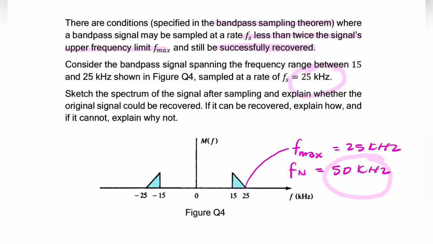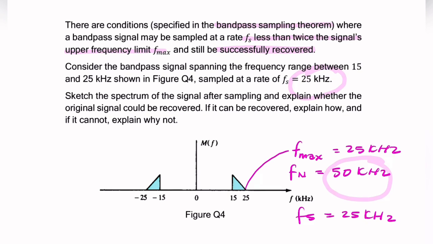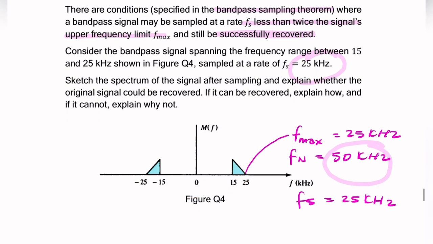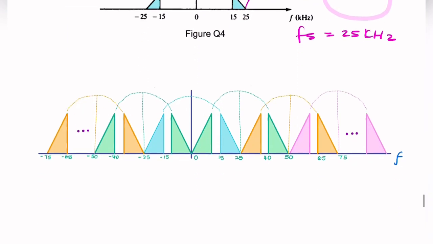Okay, so the sampling rate is, in this case, equal to F max, 25 kilohertz. So we'll have multiple replicas of this same spectrum spread across the frequency axis.